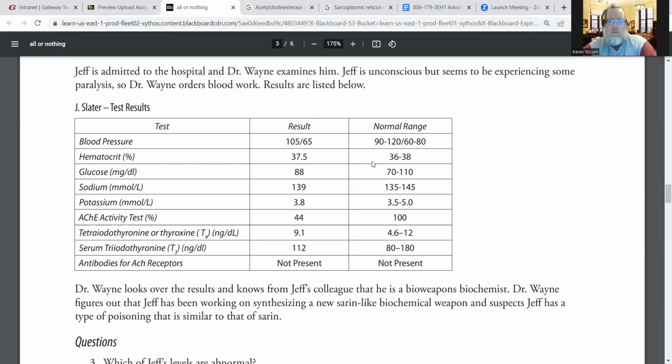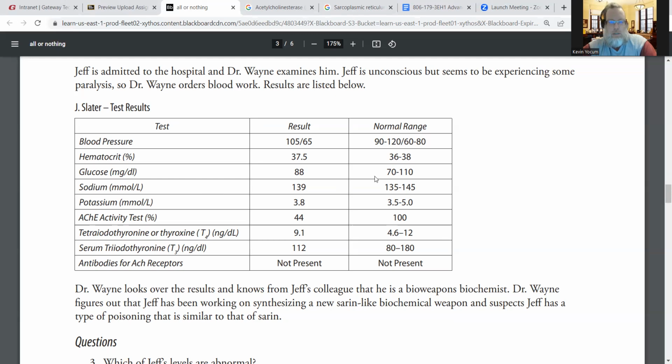So if we have a really low hematocrit, we're probably dealing with an anemia situation or something along those lines, where we don't have enough red blood cells to deliver oxygen, or we have an excess amount of plasma. So we just see the percentage get shifted. I may have enough blood cells, but the percentage of red blood cells relative to the total blood volume may be lower because of excess plasma. But it doesn't matter with this situation because he's right where he's supposed to be.